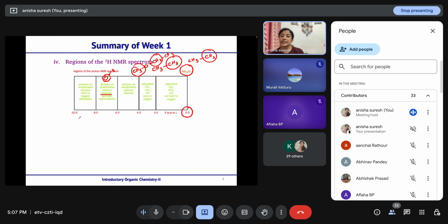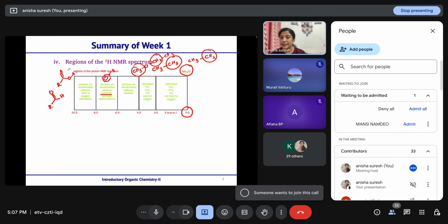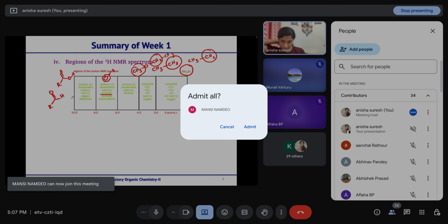And when we consider the region of 8.5 to 10.5, the protons of unsaturated carbons that are next to oxygen, such as aldehydes or acids, appear in the region of 8.5 to 10.5, and it can come beyond 10.5 as well.